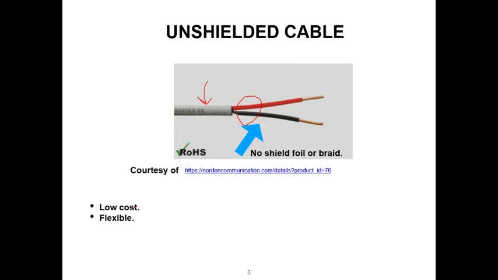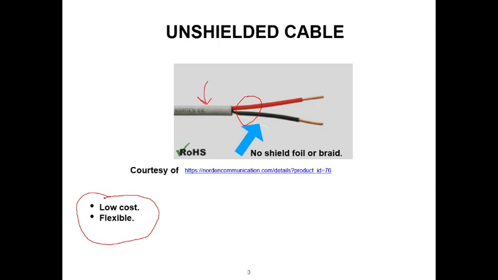So if the application is appropriate for unshielded cable, then two of the primary advantages are it's very low cost and it's highly flexible. You can bend it into sharp bending radiuses and tight areas, but it doesn't have any electromagnetic field protection from noise, so that could be a disadvantage.